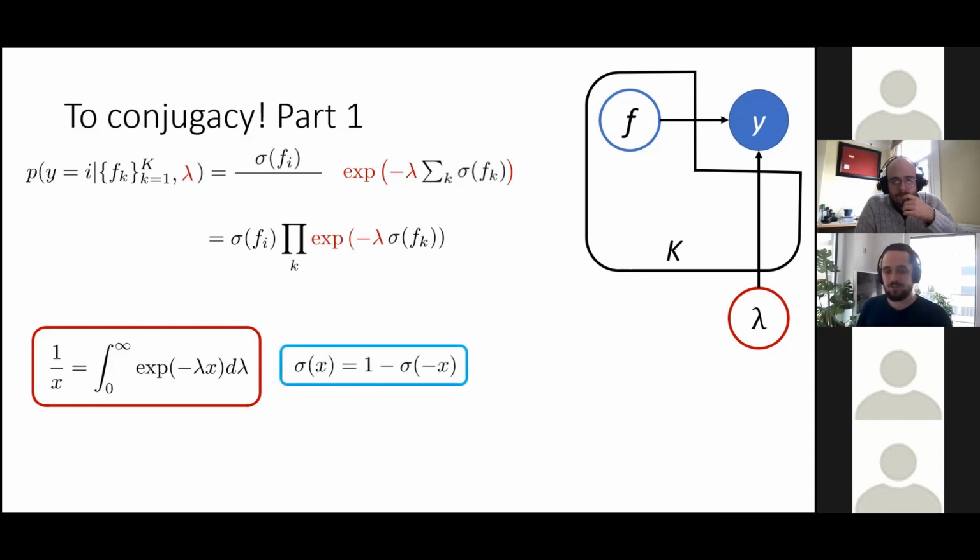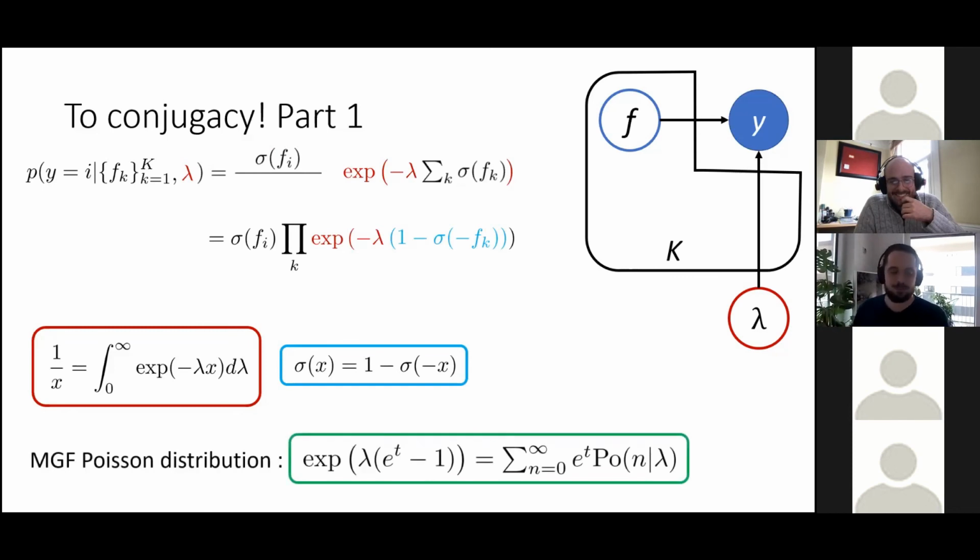Now, second thing, and that's why we cannot use the traditional softmax exponential: sigma of x is symmetric, so sigma of x is just equal to 1 minus sigma of minus x. We just change it. And you need to be a professor to notice, but this is just the moment generating function of a Poisson distribution.